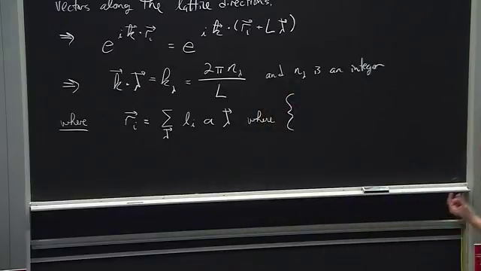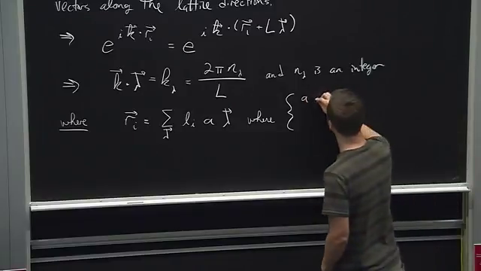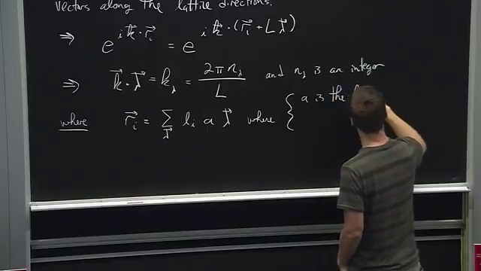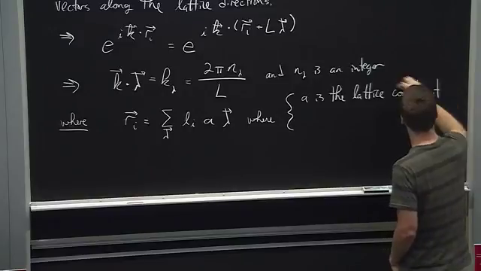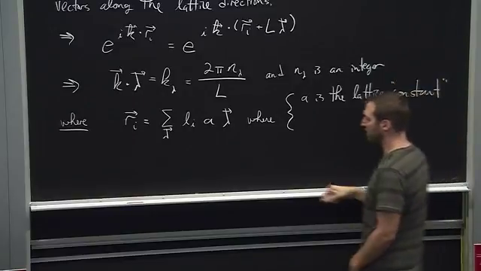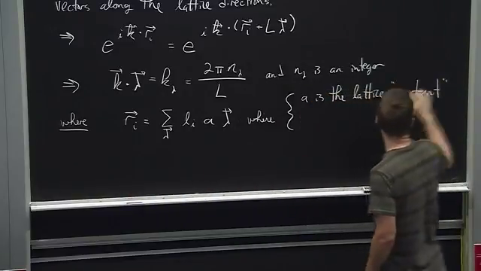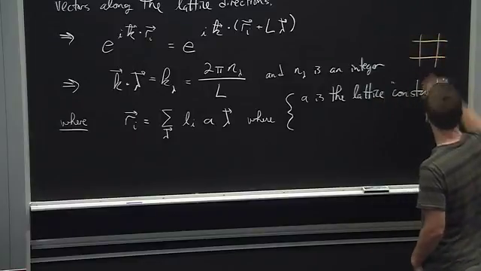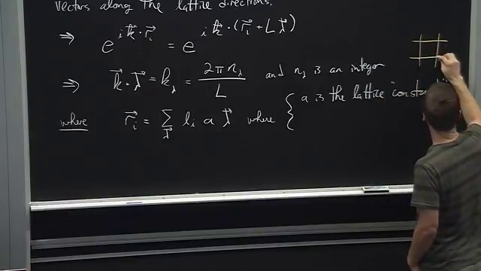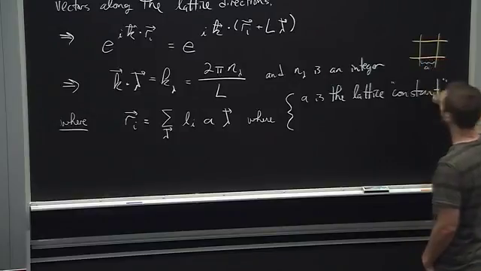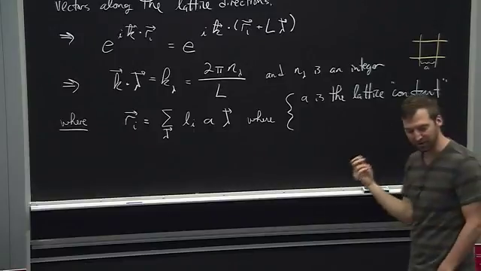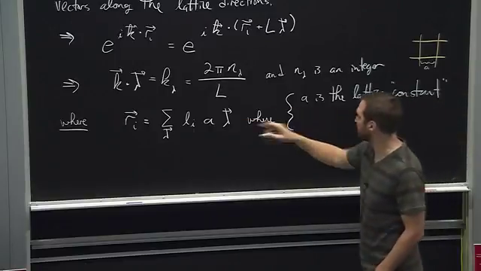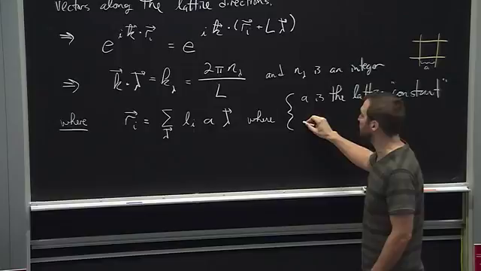And A is going to be the lattice constant in real space. Right? Meaning A is the distance between 2 points, 2 neighboring points, an angstrom, whatever that is, whatever the lattice is. And L is, in this case, the integers in real space.